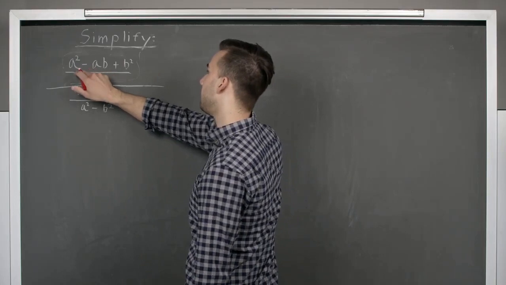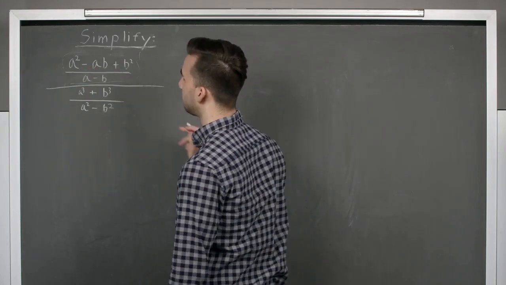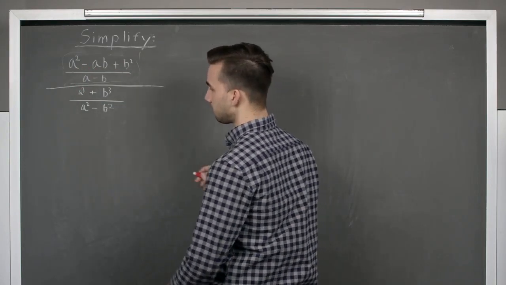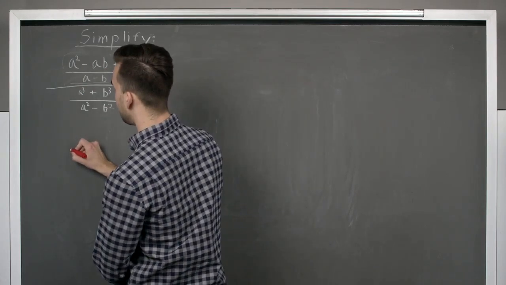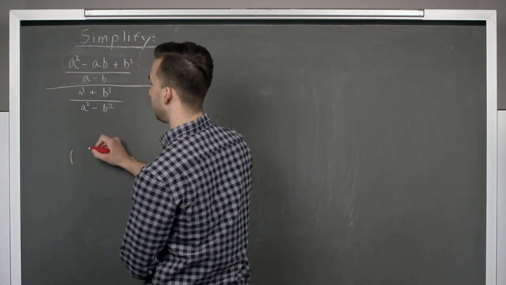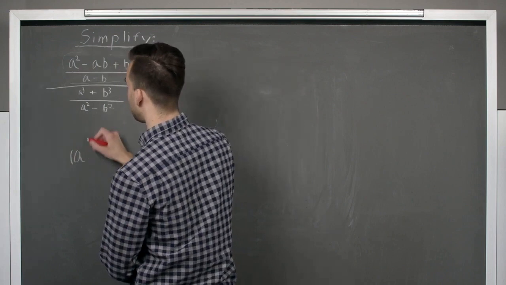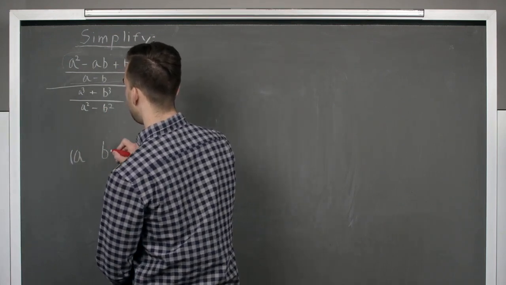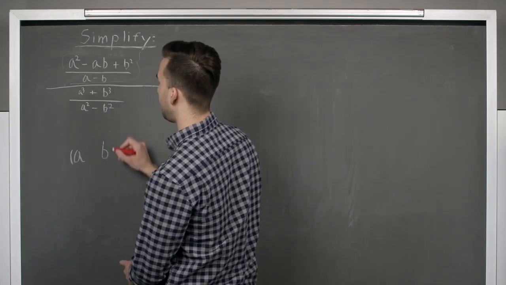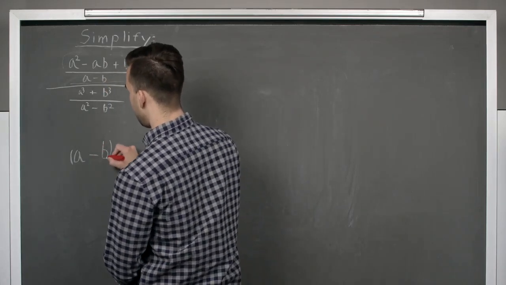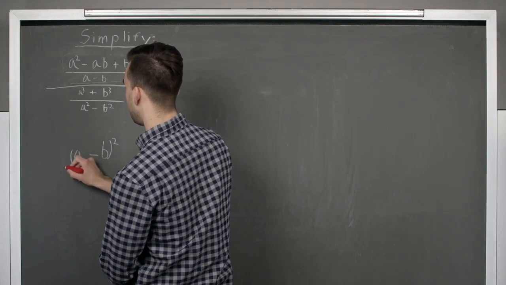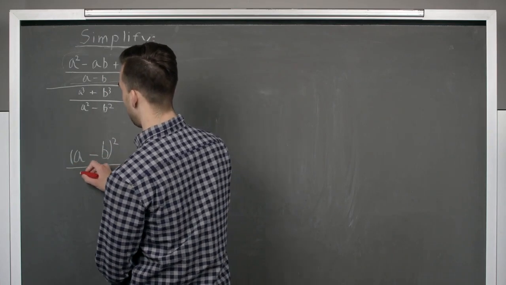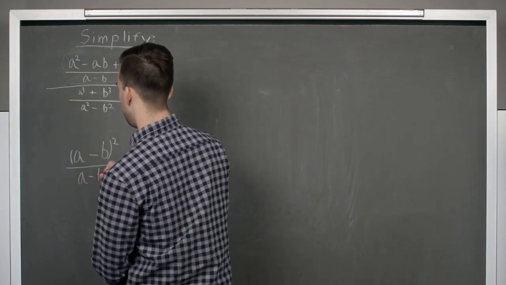So what do we have here? It looks like a perfect square. So how do we factor a perfect square? Well, we have the square root of the first term and the square root of the third term and the sign of the second term, all that squared. And then over a minus b.